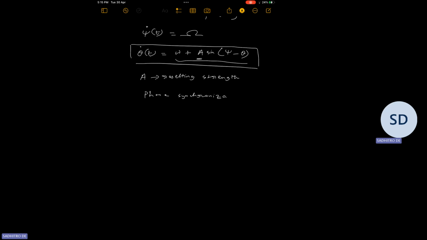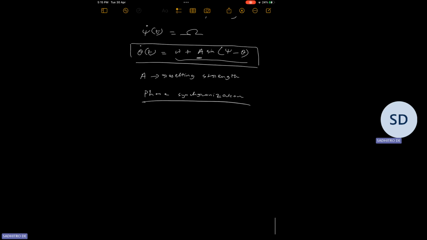This is one very specialized case, which is called phase synchronization. Phase synchronization can occur if the phase difference between the two systems, in this case the firefly and the stimulus, becomes a constant value. It need not necessarily be zero, but it can come down to a constant value.